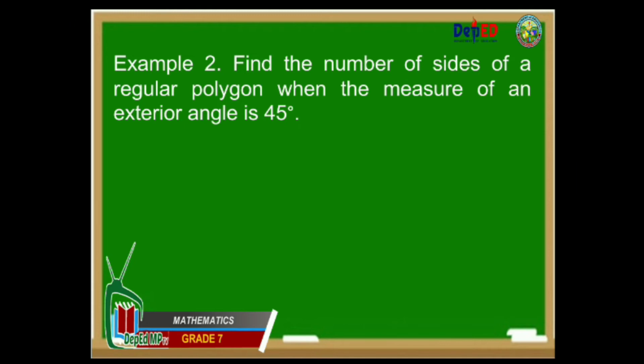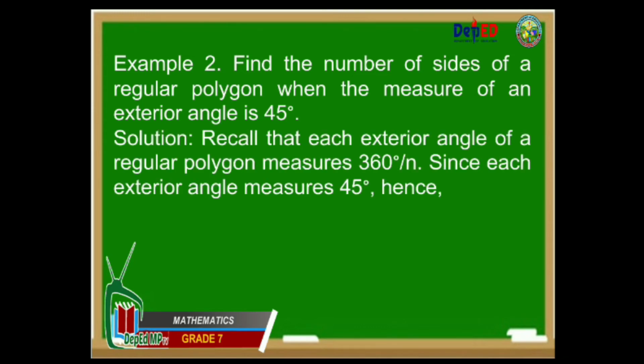Example 2. Find the number of sides of a regular polygon when the measure of an exterior angle is 45 degrees. Solution. Recall that each exterior angle of a regular polygon measures 360 degrees over n.